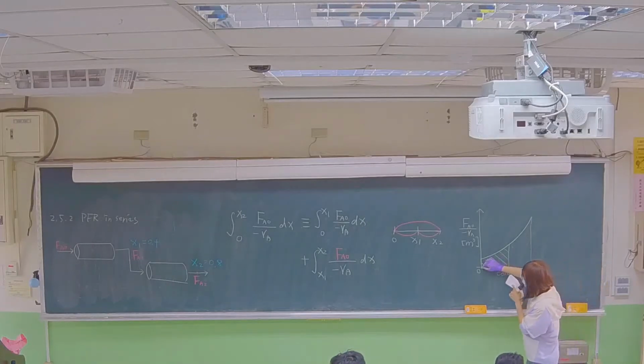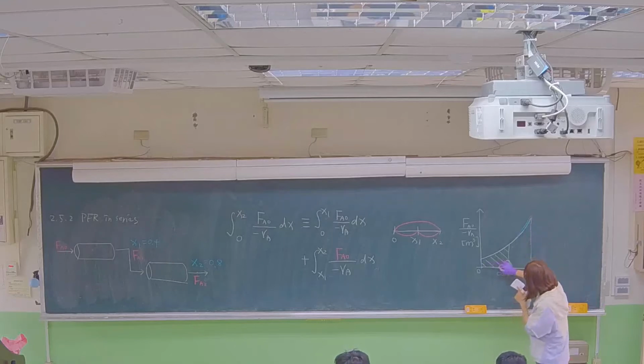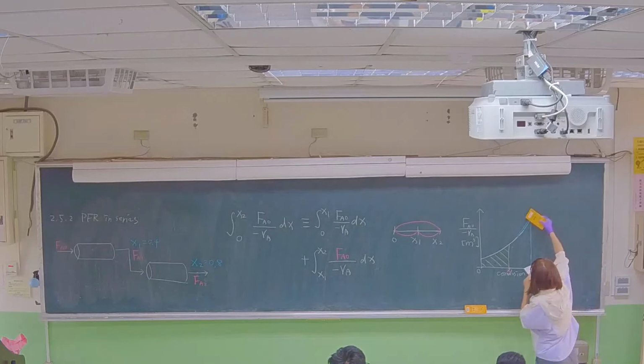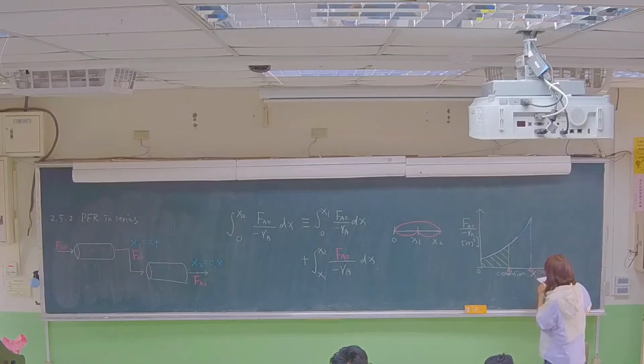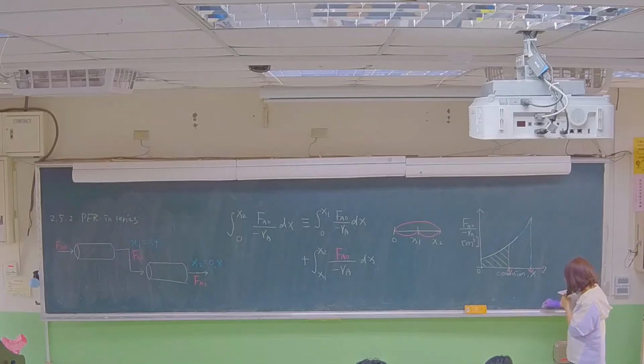What is the volume? The volume is the integrated area under this curve, right? So the blue circle is the same as the total volume of the two reactors.